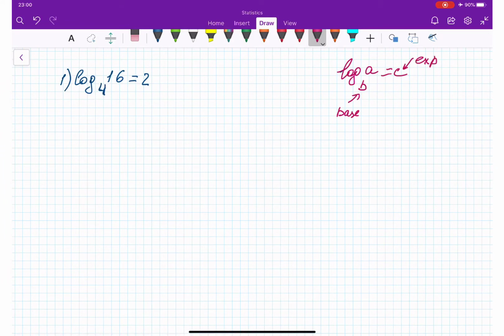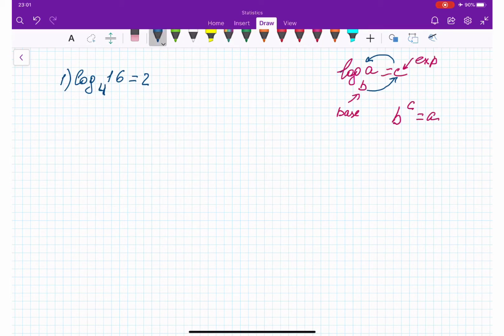So we can rewrite it in exponential form, like b raising to power c, and that will be equal a. That's exponential form.